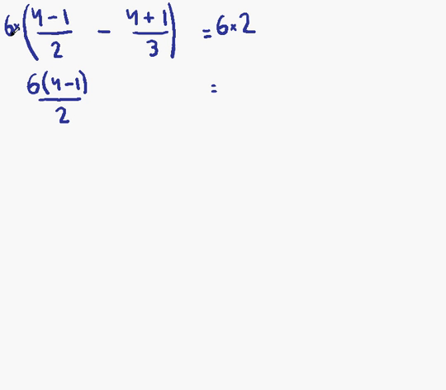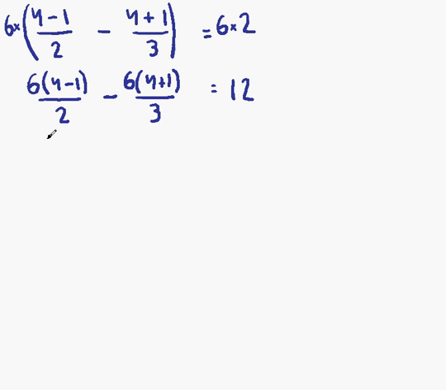Then we have 6 times our next fraction, so that's 6 times everything on the top, which is y plus 1, and that is over 3. On the right hand side we have 6 times 2, which is equal to 12.